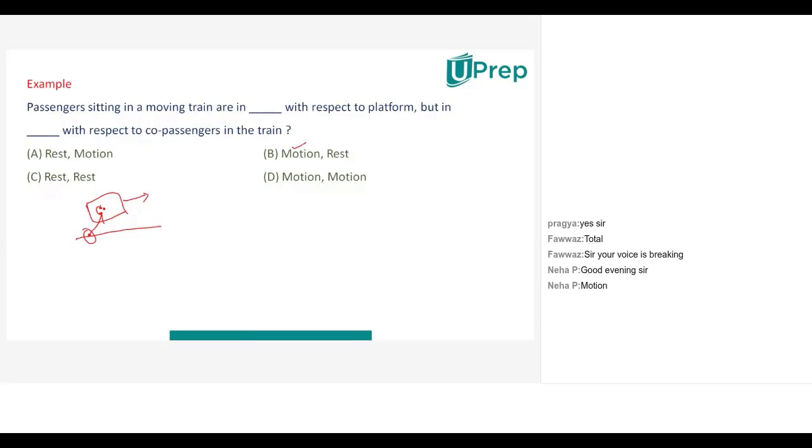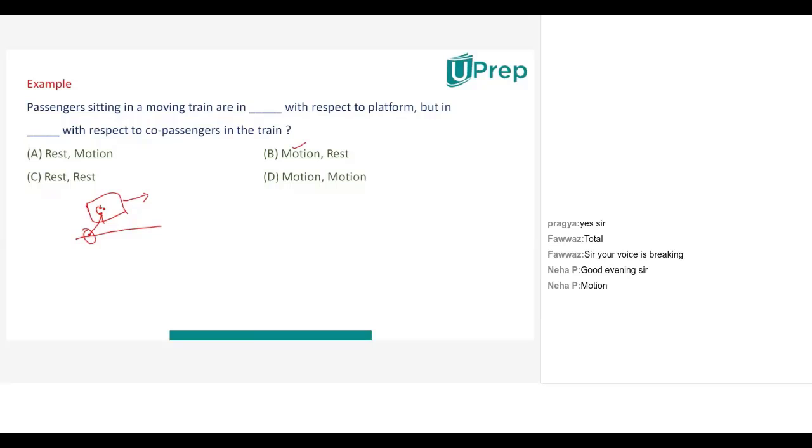But in dash with respect to co-passengers in the train. Passengers sitting in a moving train are in motion with respect to platform. But co-passenger with respect to him will be in which state?